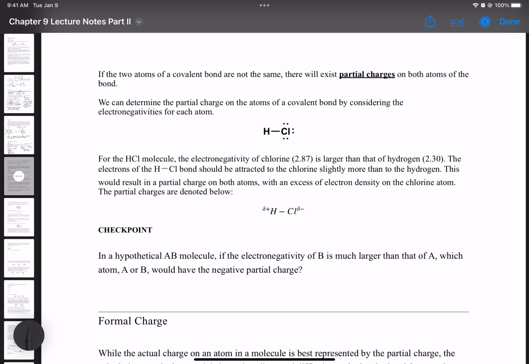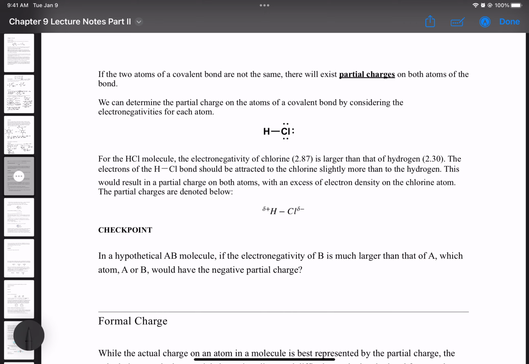Okay. So if there's a difference in electronegativity, the electrons in the bond formed between hydrogen and chlorine should be attracted to the more electronegative element, or the element that has more protons and thus a higher effective charge coming from the nucleus, and that's chlorine in this case.